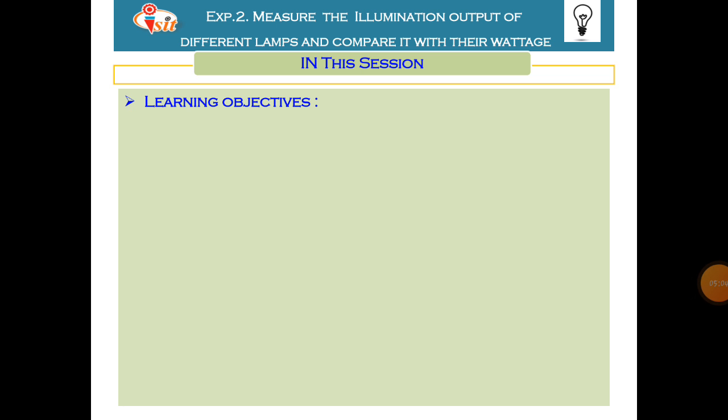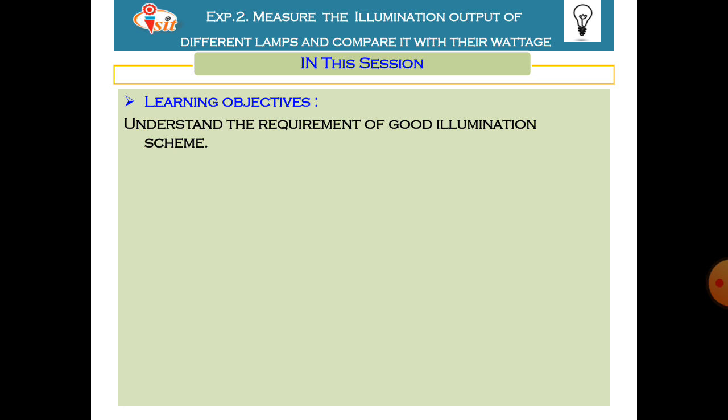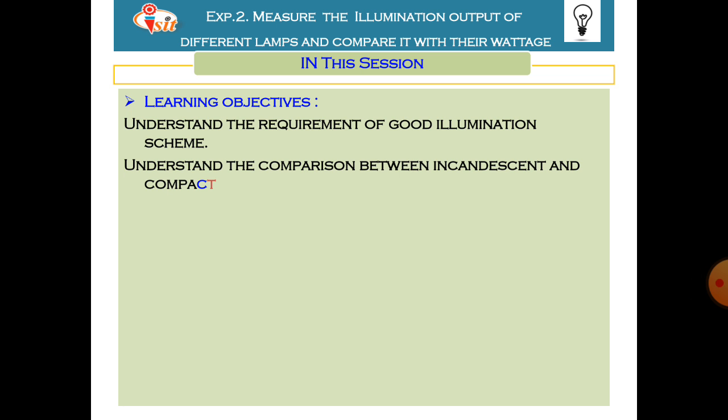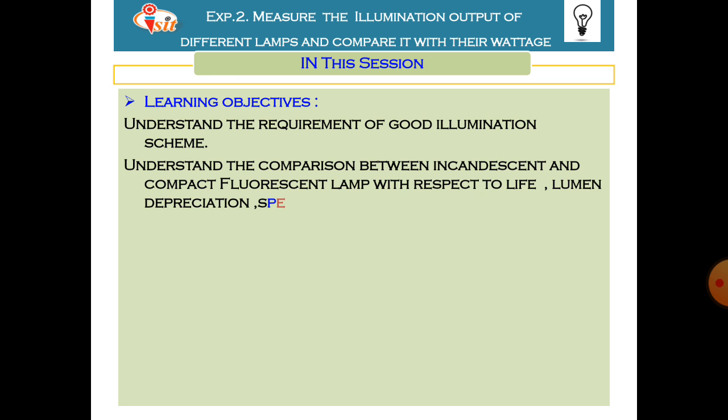Now the learning objectives. Understand the requirement of a good illumination scheme. Next, understand the comparison between incandescent and compact fluorescent lamps with respect to life, lumen depreciation, spectrum of color rendering and cost.